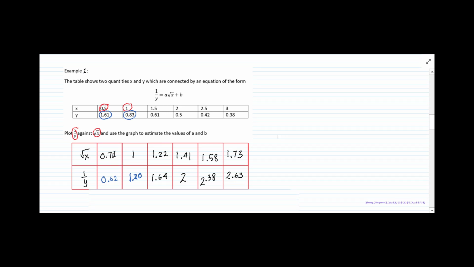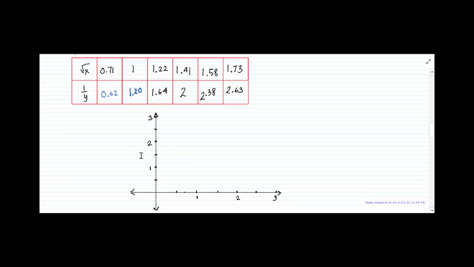The first point will be 0.71, 0.62, and the second is 1, 1.20. Let's try to plot these points into the Cartesian. Okay, this is the Cartesian. Do not forget to write the axes. The y-axis will be 1 over y, and the x-axis will be root of x.